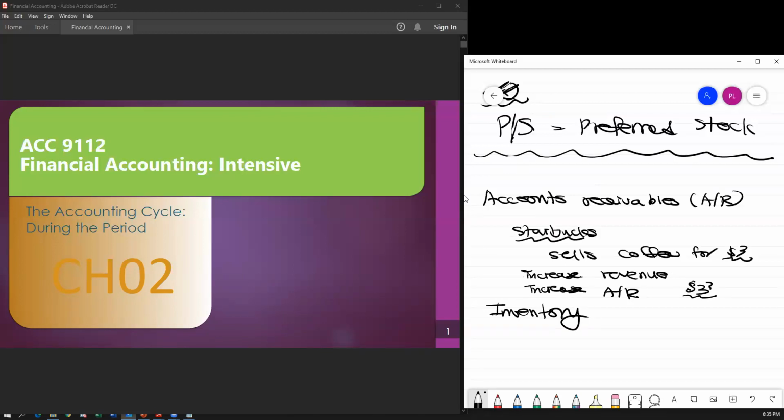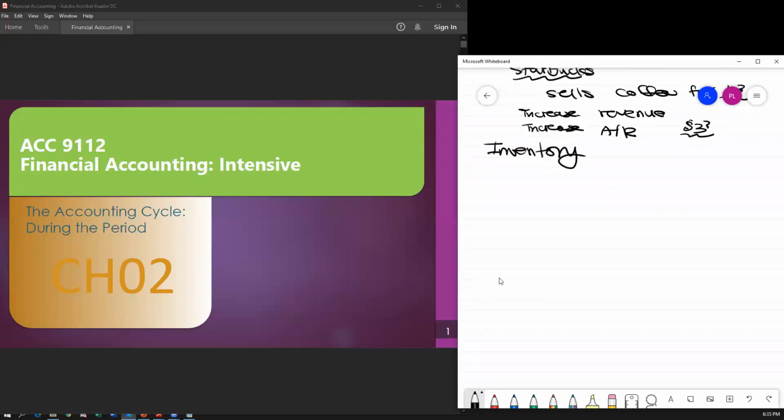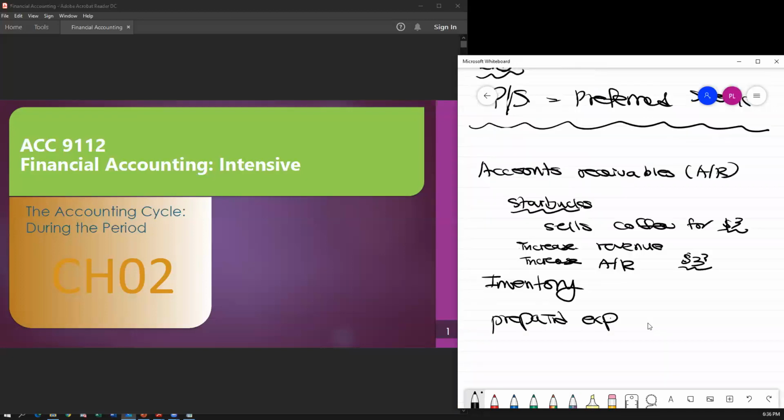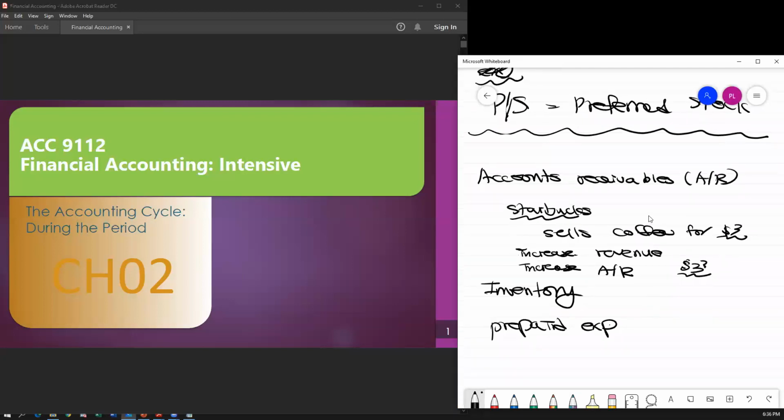Another thing is prepaid expenses. Oh, by the way, all these accounting items that I've just described are assets. Let me put that down: assets.